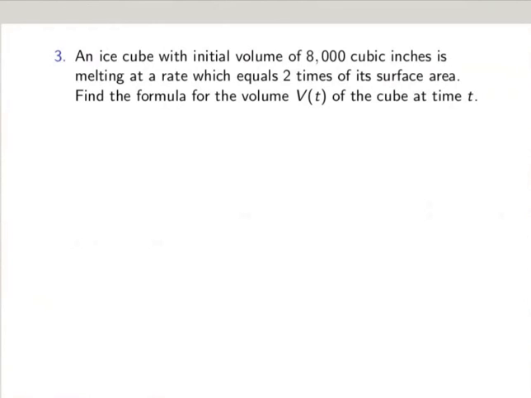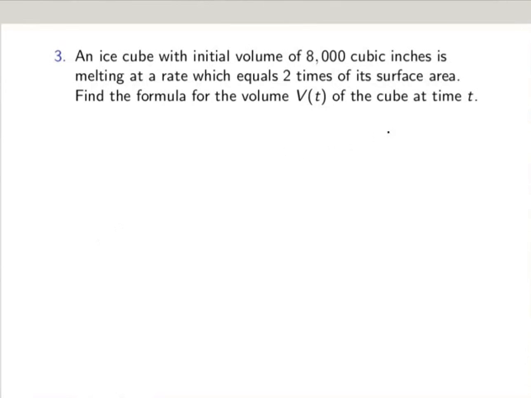We are given that the ice cube is melting at a rate equal to 2 times the surface area. And we want to find the formula for the volume. So let's see how we do this.